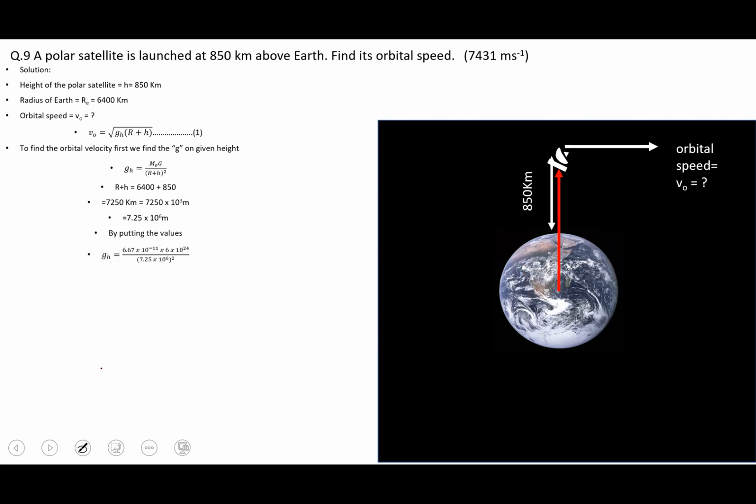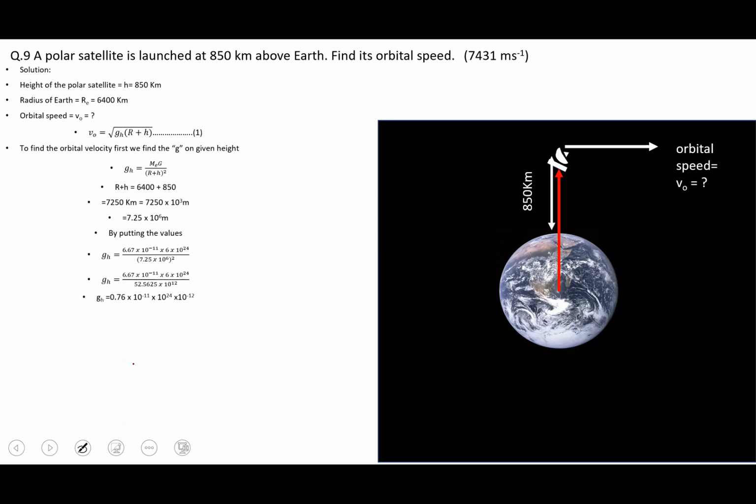Now, by putting the value of R plus H in this formula, we get the value of G, which is 6.6 into 10 power minus 11 into 6 into 10 power 24 divided by 7.2 into 10 power 6 whole square. That is 6.6 into 10 power minus 11 into 6.0 into 10 power 24 divided by 52.5625 into 10 power 12, because we are squaring 7.2 and squaring 10 power 6 gives 10 power 12.